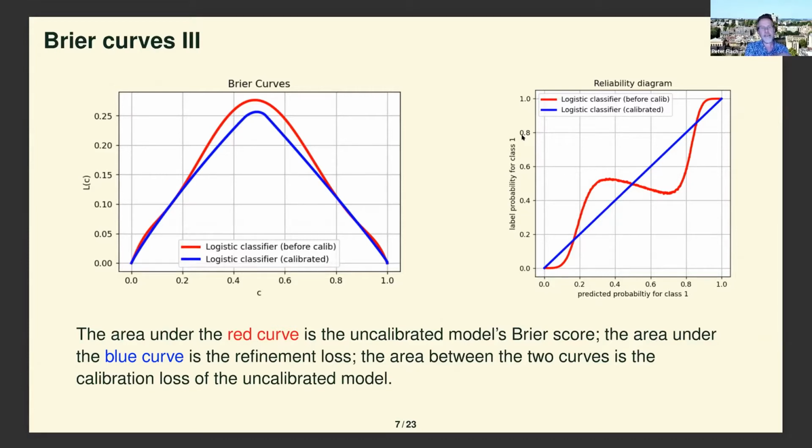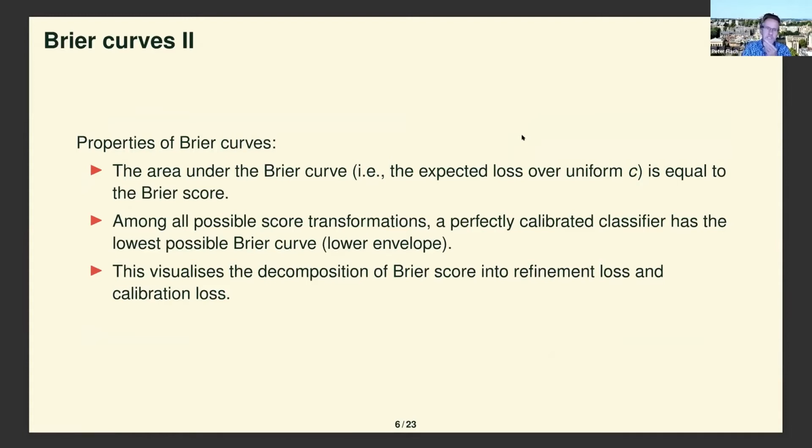So the area under these curves is, like the area under any curve, the expected value of the y-axis if you're uniformly sampling over the x-axis, and that gives us the Brier score. So let me go back to the previous slide now. And lower is better in this case because we have loss on the y-axis.